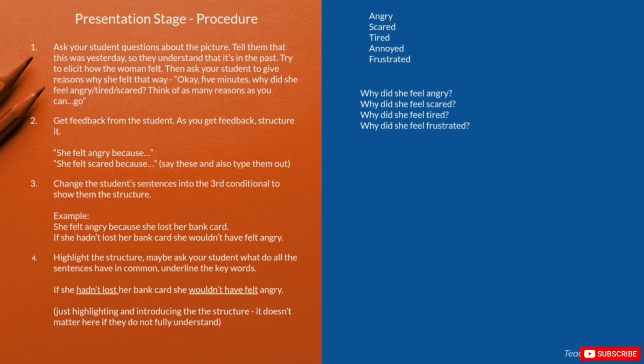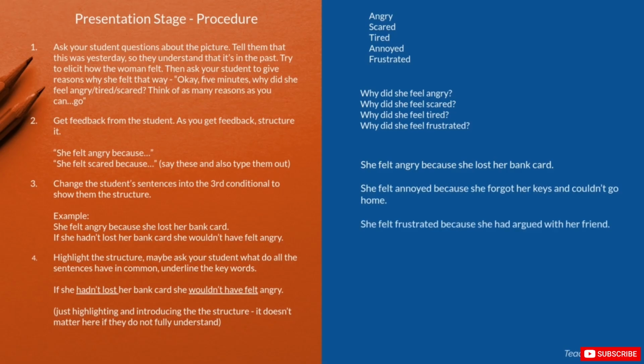Remember, if they get stuck, you could do a first example for them. And next, we're getting the feedback from the student. And I said we need to try to structure it for the student. So as they give you the feedback, let's write this out also. It's okay to ask your student just to stop for a second while you write something out if you're not an amazing typer. And that's it.